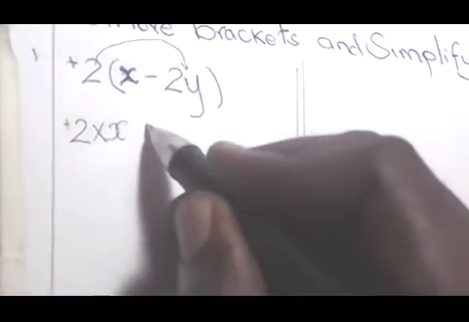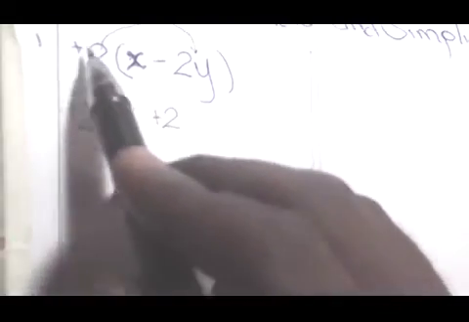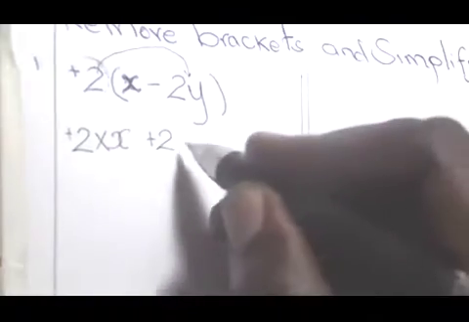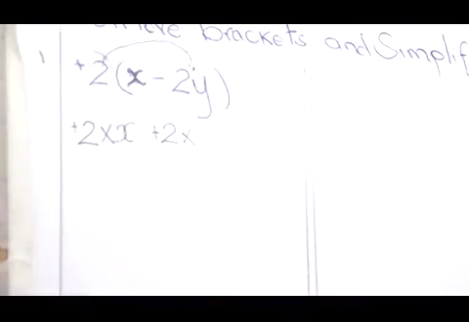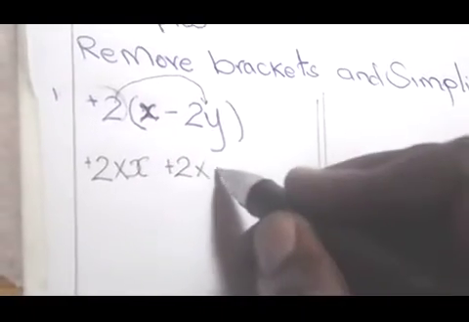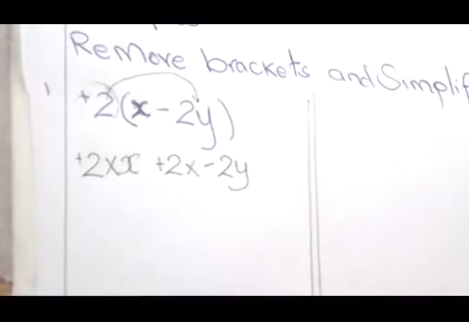Where am I getting this positive? This 2 is a positive, so you bring it as it is. Times. Where am I getting the multiplication sign? The brackets. Times a negative 2y.